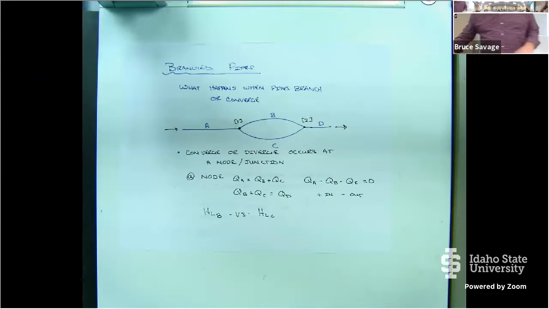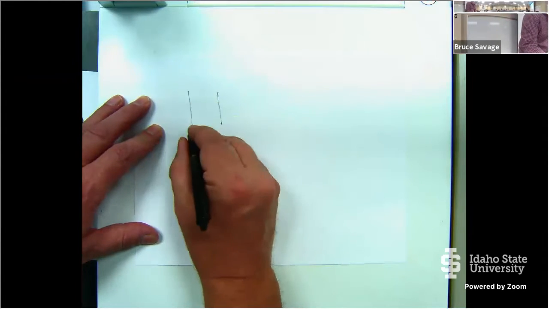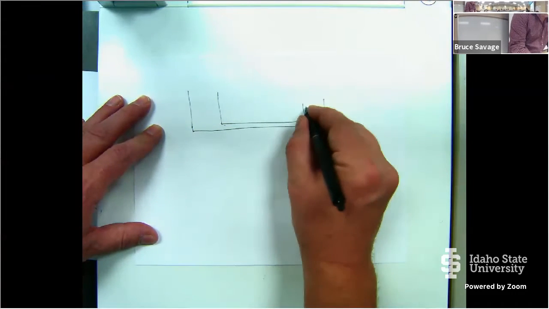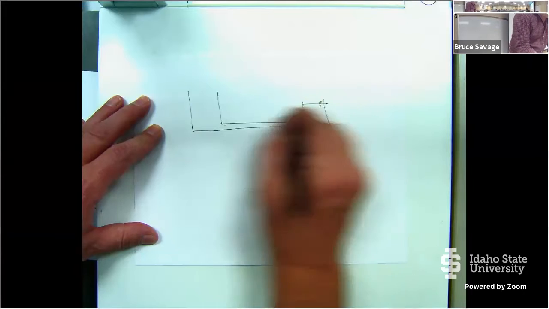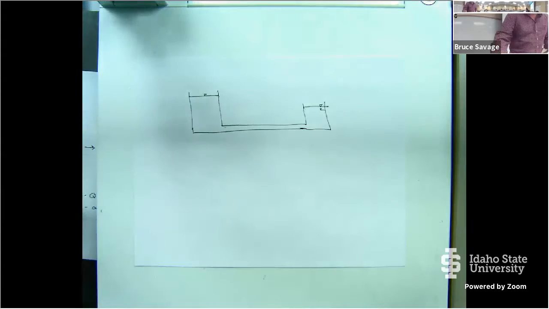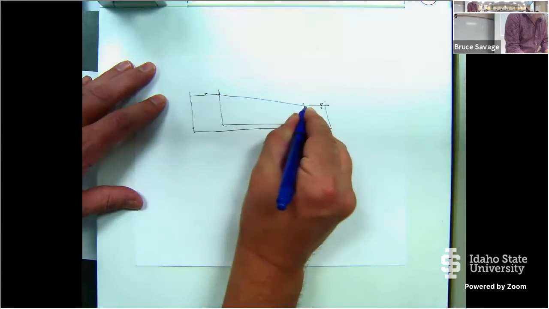We could use the energy grade line too, but the hydraulic grade line has some advantages. I don't want to go into the nitty-gritty details right now, but assume I did, really quickly, a reservoir going over to another reservoir, and I'm not going to worry about minor losses right now. They work into the equation just fine. Simply put, I could draw the hydraulic grade line right there.